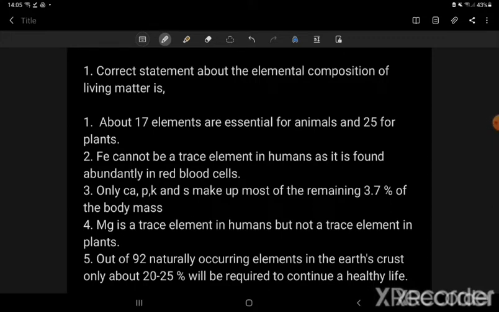Try this question before I discuss the answer. What do you think? No, it's the other way around. About 25 elements are essential for humans, like animals, and 17 for plants.